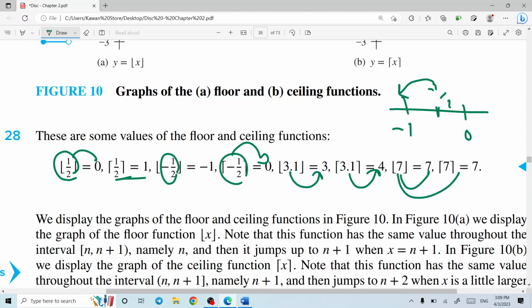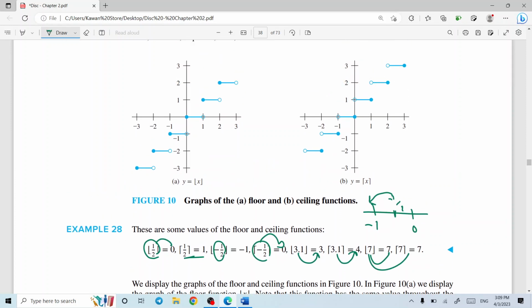This one in mathematics is called a step function. Look, like a stair. We are going up. Am I right? And how about here? It is also like a stair. You can go up, you can go down, whatever you like. What's that? It is the graph of the ceiling, important, careful.